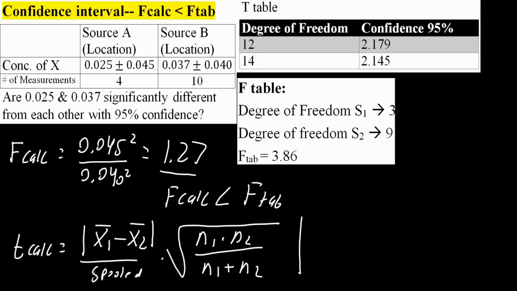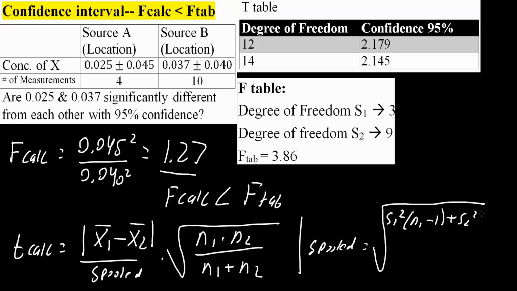Next, the formula for spooled. Spooled equals the square root of standard deviation 1 squared times (n1 minus 1) plus standard deviation 2 squared times (n2 minus 1), divided by n1 plus n2 minus 2.